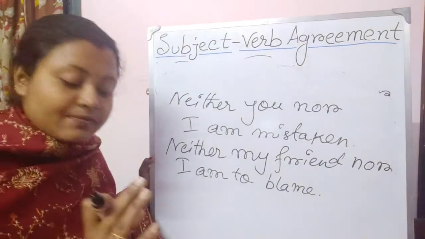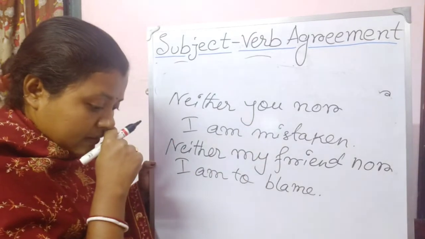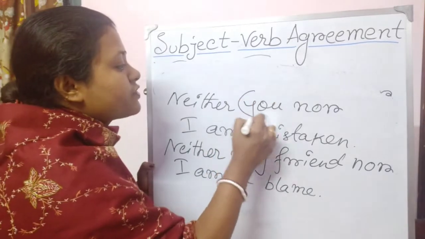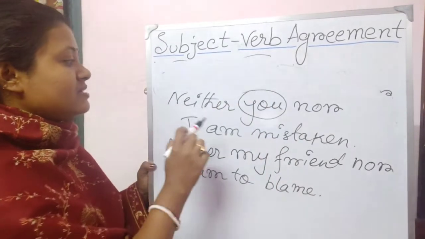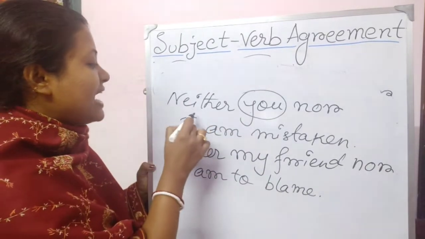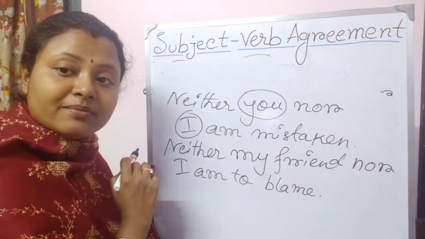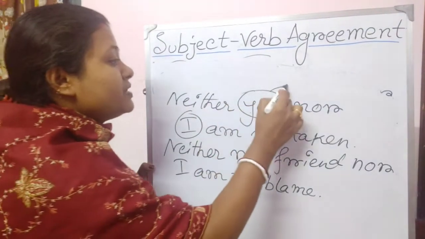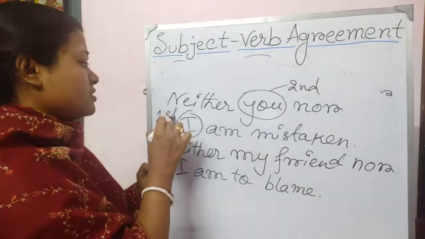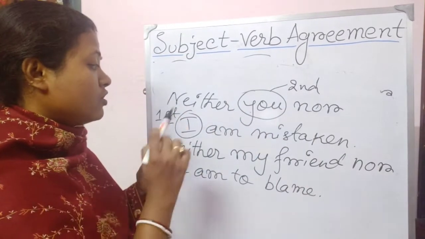So if the two subjects which are joined by either or, neither nor are of different persons, see, it is different persons. In the sentence, at first look at the subject: you and I. It is joined by neither nor. You is second person, and I is first person. So two different persons are joined by neither nor, or either or.